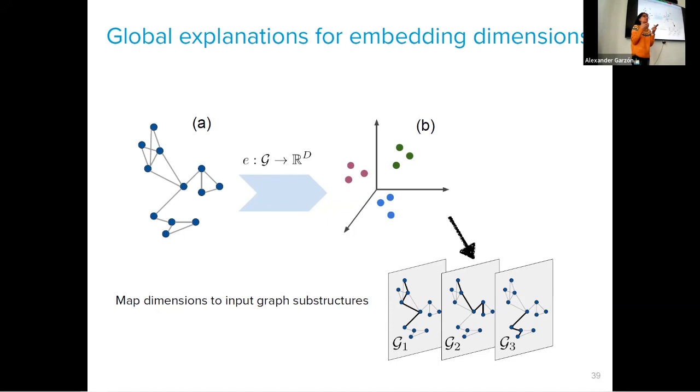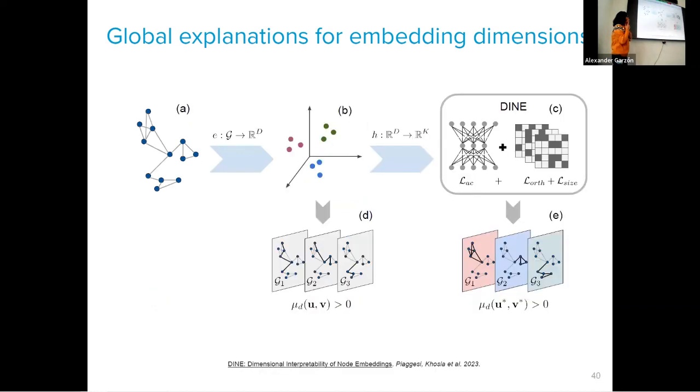You do not know what they encode. You have these feature values, but you do not know what each dimension corresponds to. What we try to do is to match each dimension to a substructure in the input graph, which means you can interpret that this dimension is contributing maximally to the prediction of edges in this substructure.